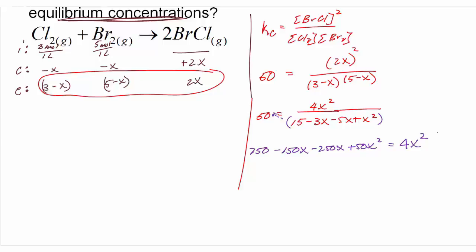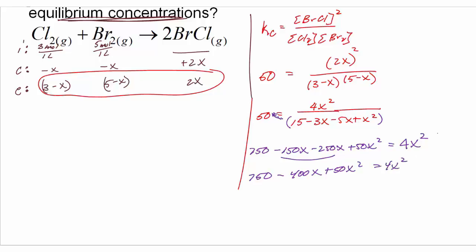So all I did is I brought the purple parentheses up to the top with the 50 and multiplied through by 50. Okay, I can combine these two. I'll have 750 minus 400x plus 50x squared equals 4x squared.